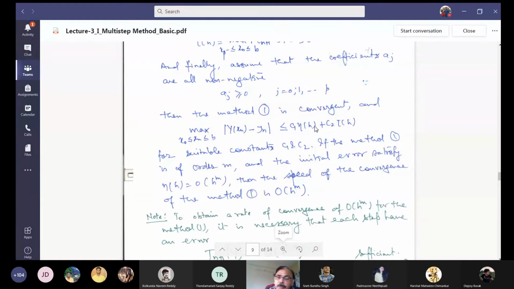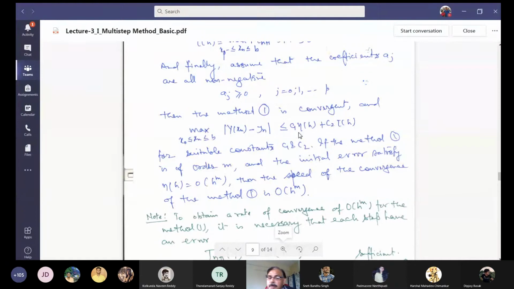So suppose we want that this should be of order m, that the maximum of the error, the total local truncation error, is of order m. If it is of order m, means eta h should also be of order m, tau h should also be of order m. Right? Yes, sir. What is the meaning of eta h of order m?